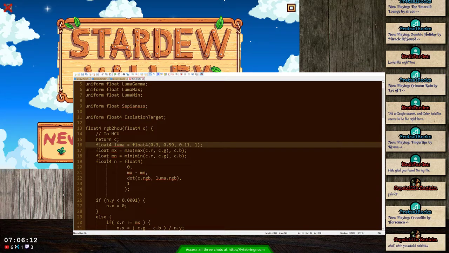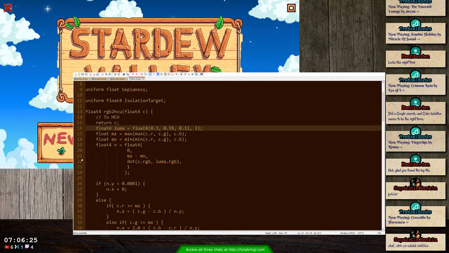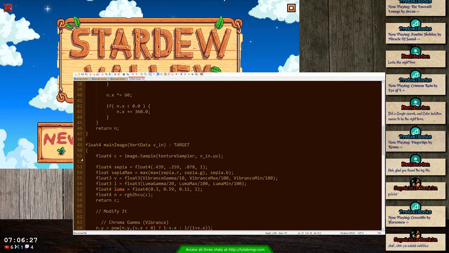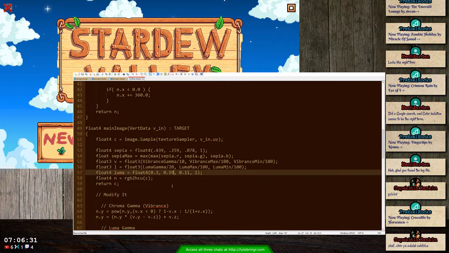So it could be that it doesn't see Luma. Oh, it's because it didn't see Luma. Now, having it defined in both of these places is not good. Not good at all.